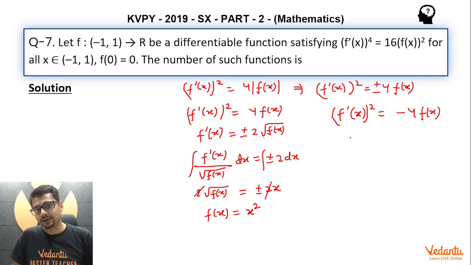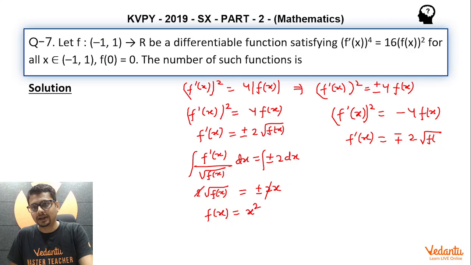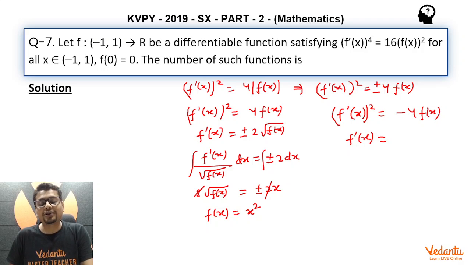Now similarly here you would get f'(x) is equal to minus plus 2 root f(x), or we should be more careful here. Mind it, the reason we took (f'(x))^2 equal to minus 4 f(x) is due to the possibility of a case that f of x is negative, or rather non-positive, throughout this interval (-1, 1).